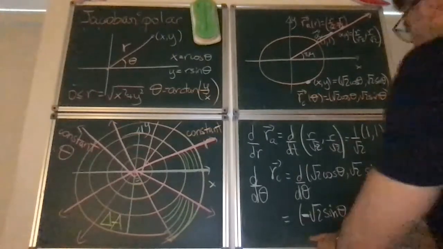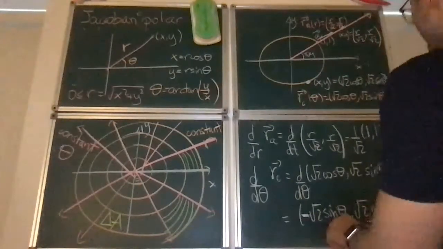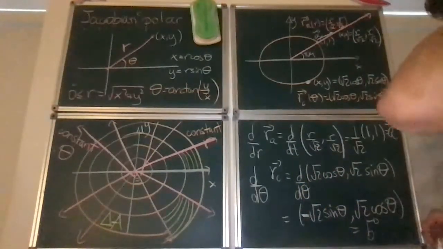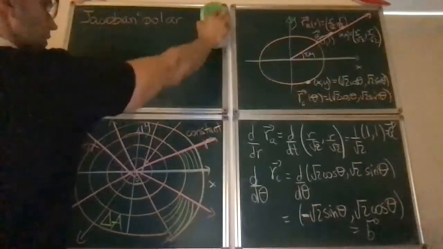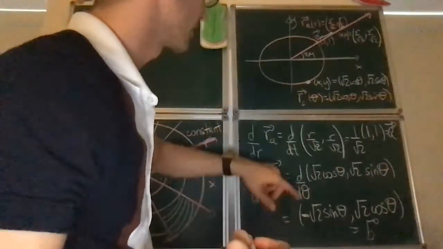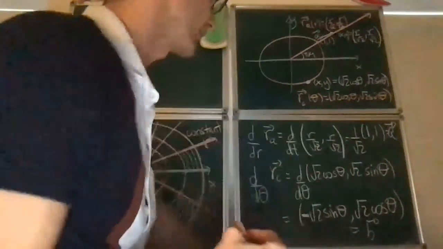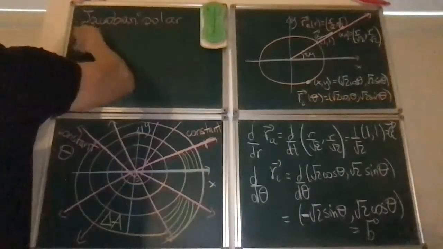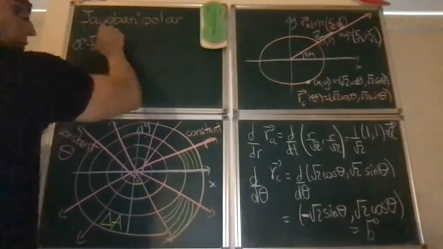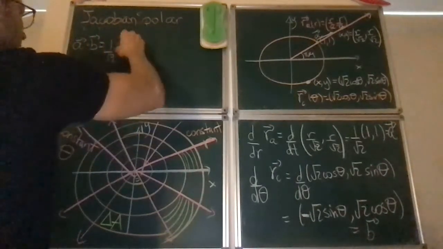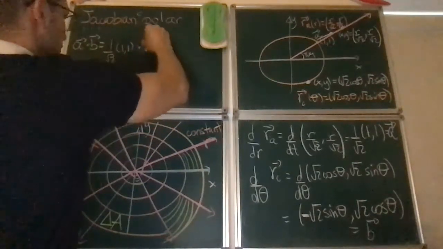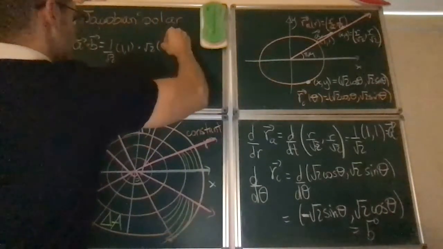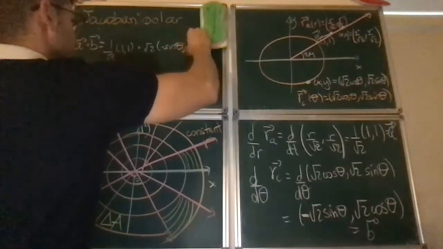And let's call this vector V. And basically, how do you know how this vector looks like? Well, it's not difficult to check the dot product between A and B. The dot product between A and B is 1 over root 2, 1 comma 1, dot minus root 2 sine of theta, cosine of theta.